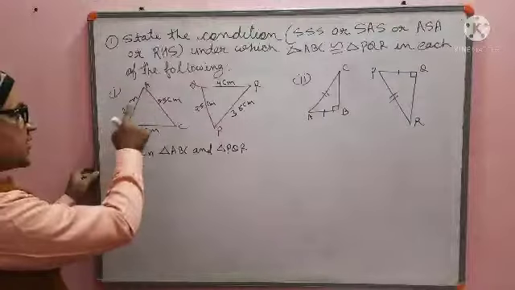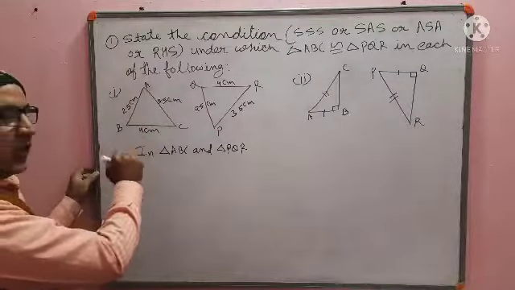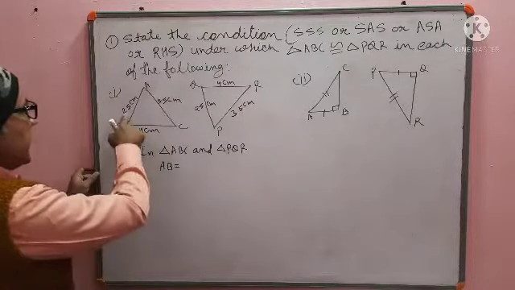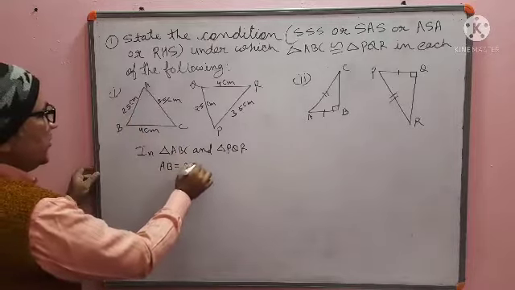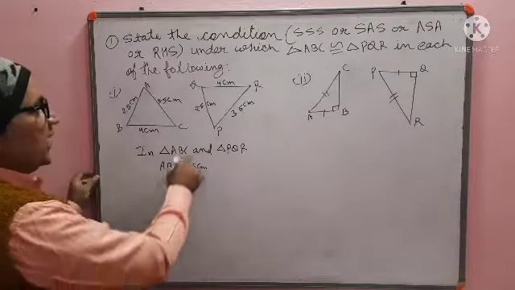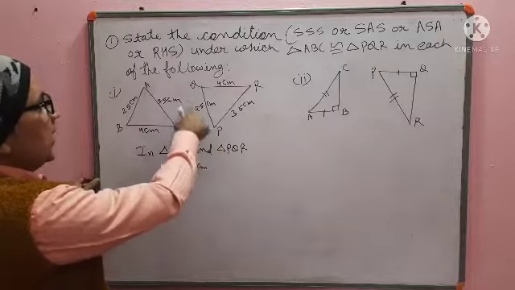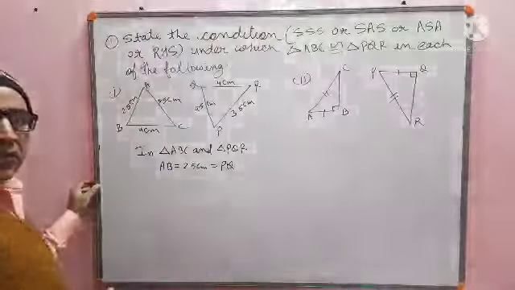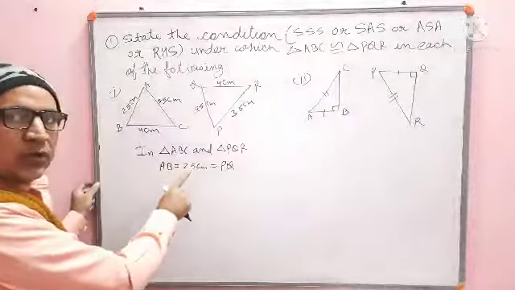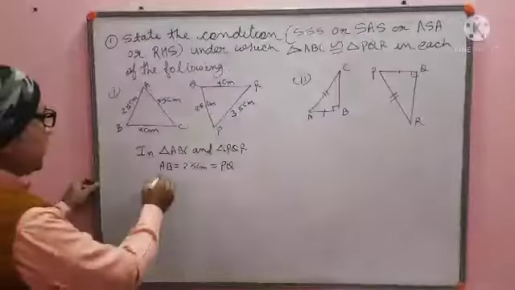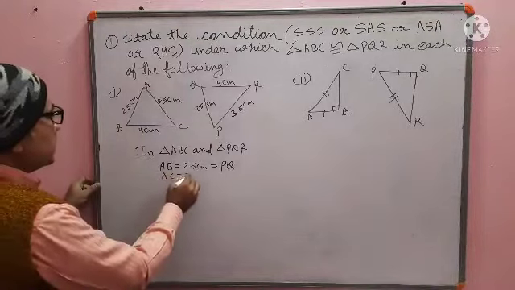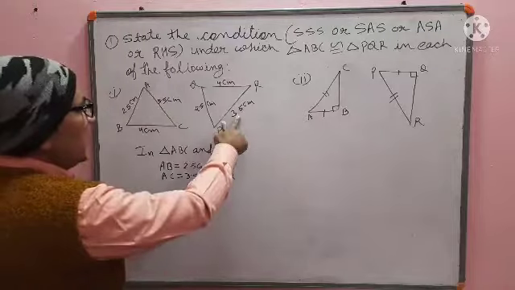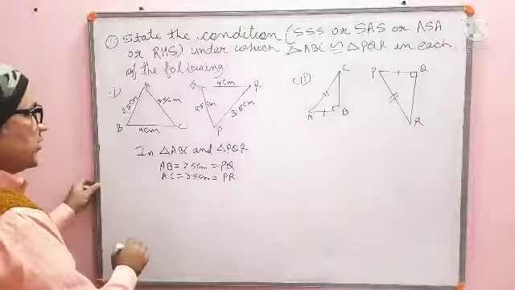Then after, search which quantities are equal. In triangle ABC, side AB is 2.5 centimeter, and in triangle PQR, PQ is also 2.5 centimeter. So one side is equal. Now check the second side. Here AC is 3.5 centimeter and in this triangle PR is also 3.5 centimeter.